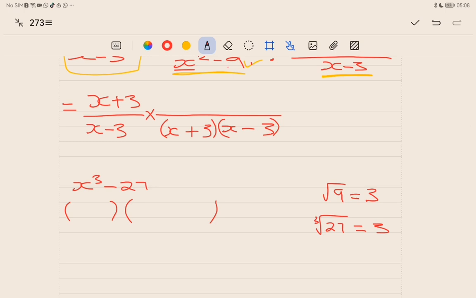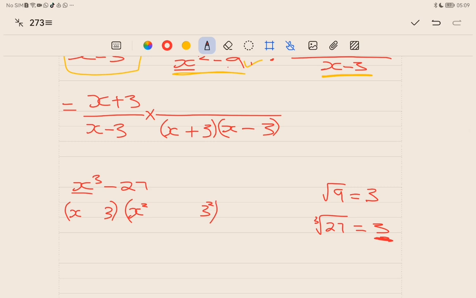Then the small bracket, what you're going to do is that you're going to take x as it is, then here you put 3. This one comes from here. And then also here you put x, here you put 3. But this side you have to square them.